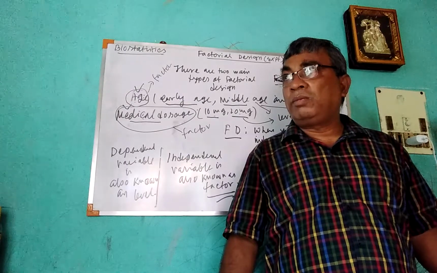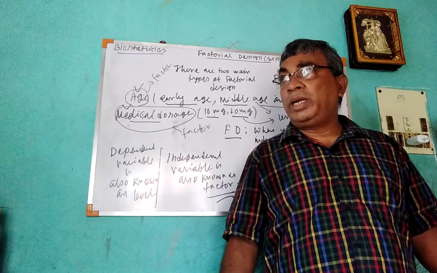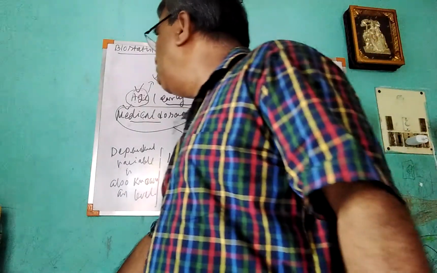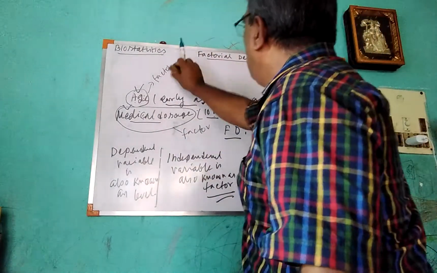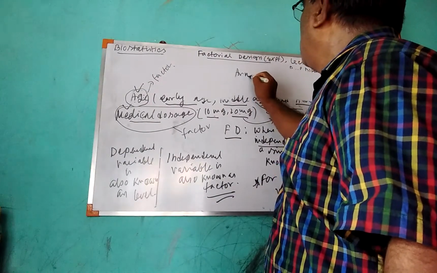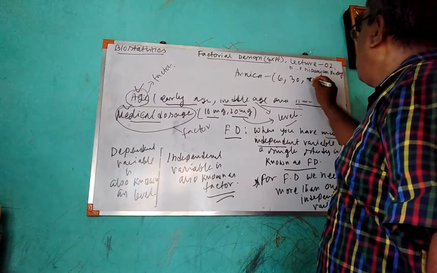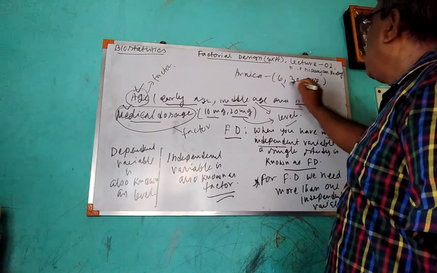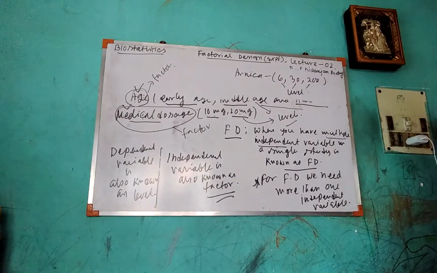Arnica has so many potencies, like 6, 30, 200. These are known as potency. So these 6, 30, 200 are known as levels.